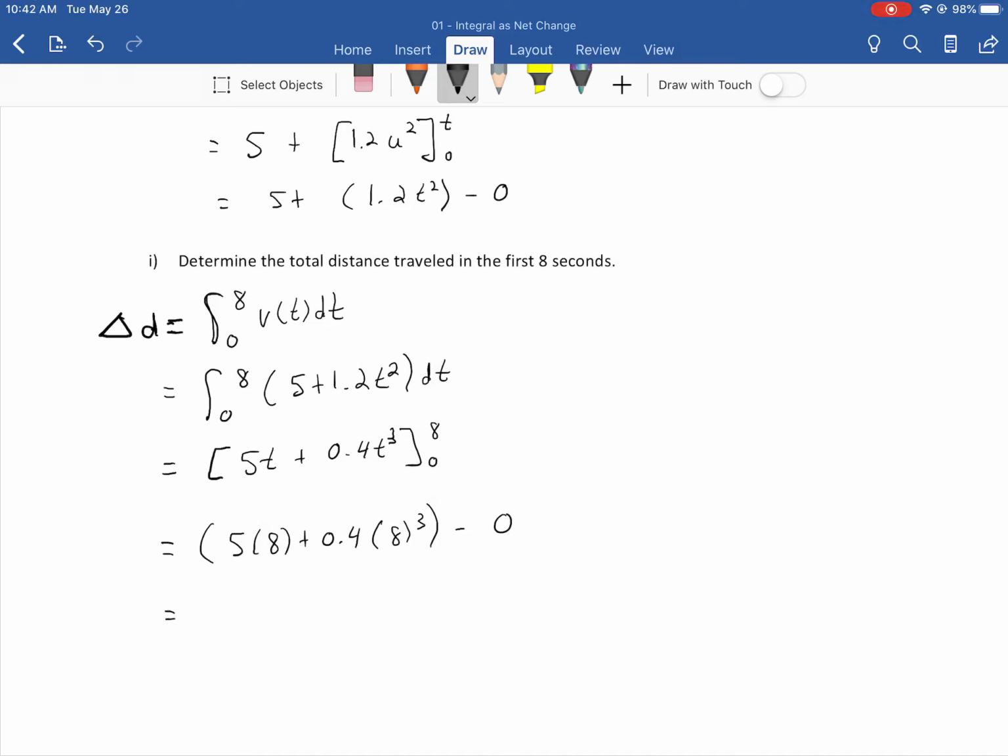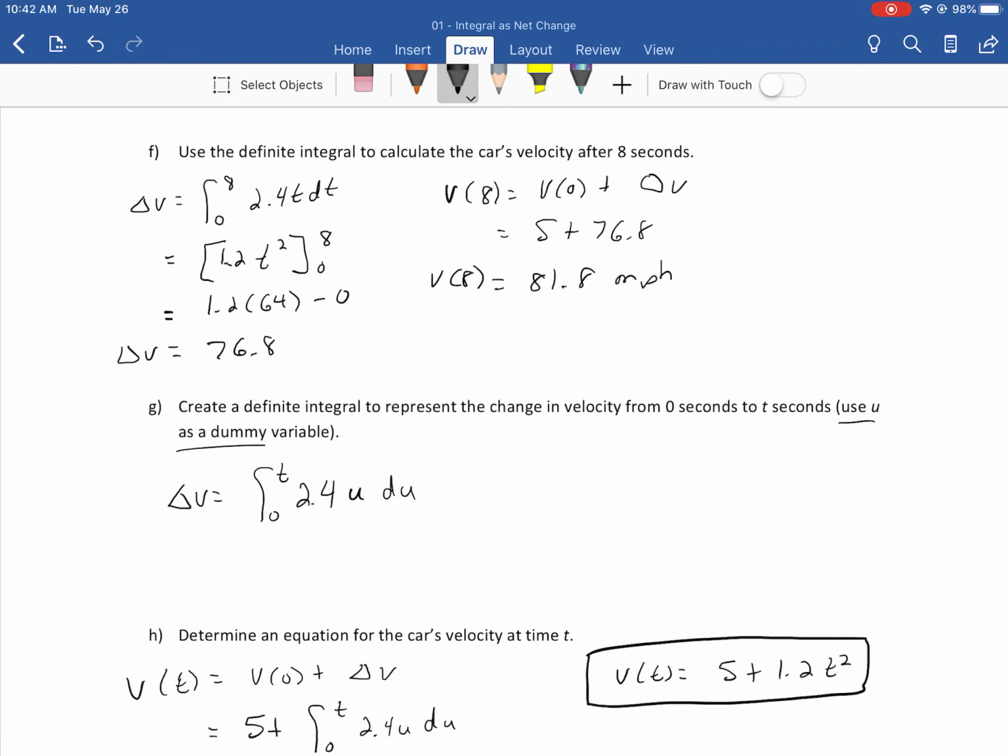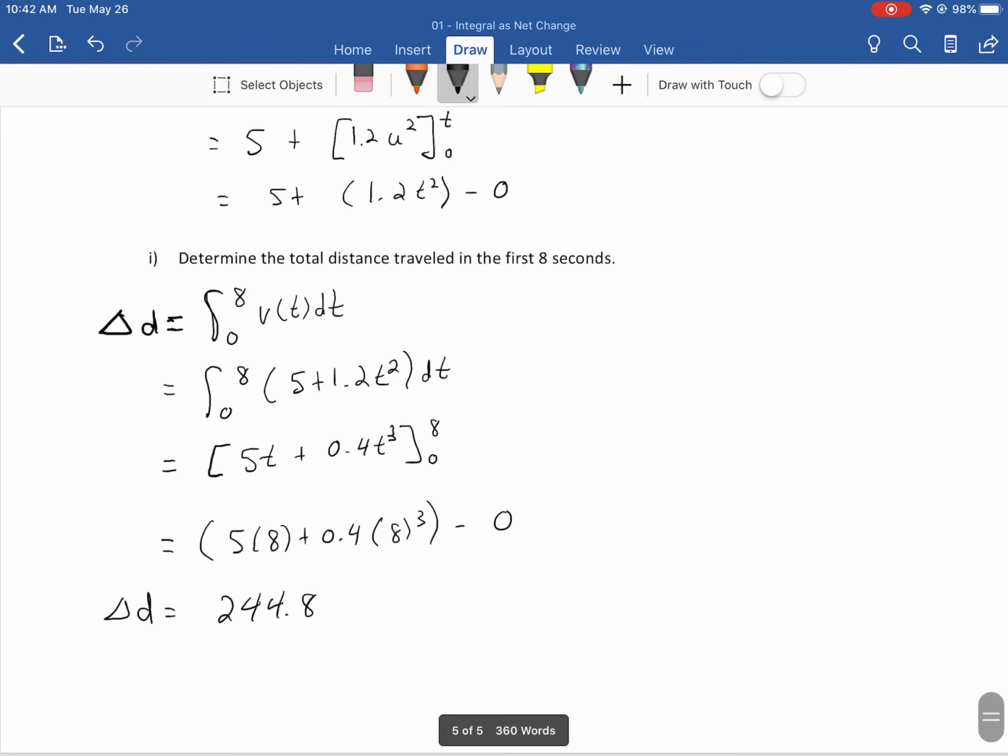So I get 40 plus... let me just take that back to the calculator. Five times 8 plus 0.4 times 8 cubed. 244.8.